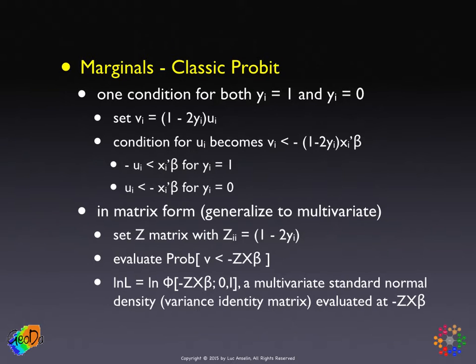So the log likelihood, just like we did in the maximum likelihood for the spatial models, we don't write as a product, but we write it as the log likelihood of the whole multivariate distribution.